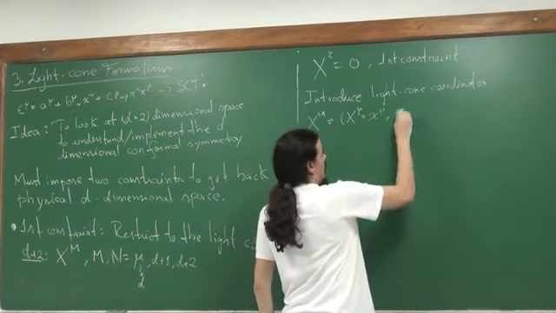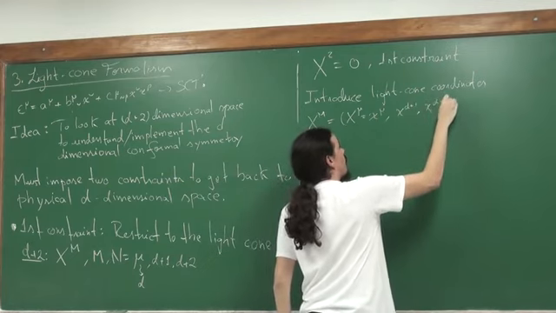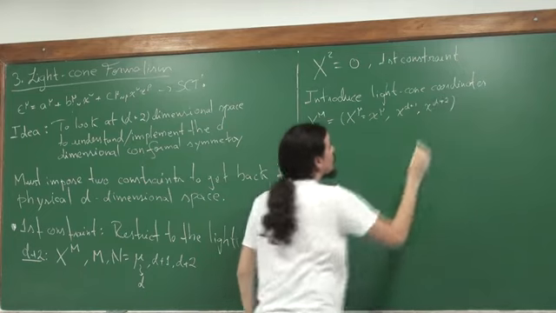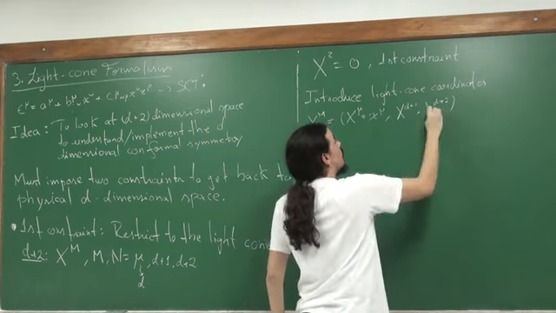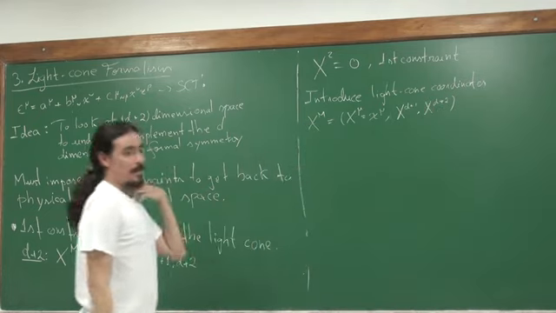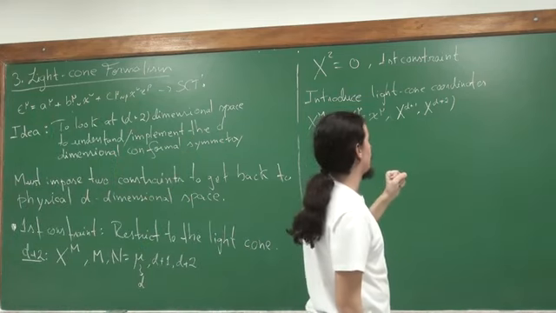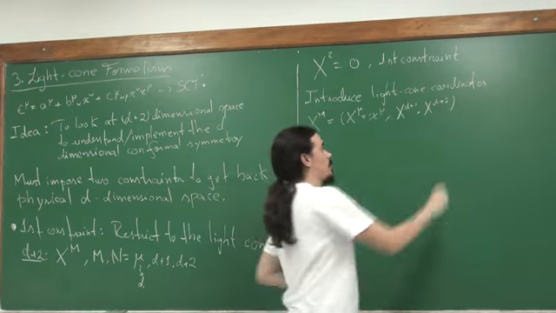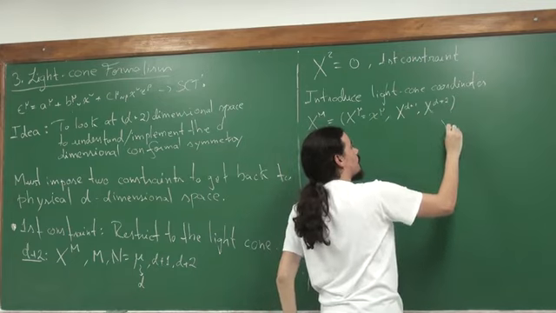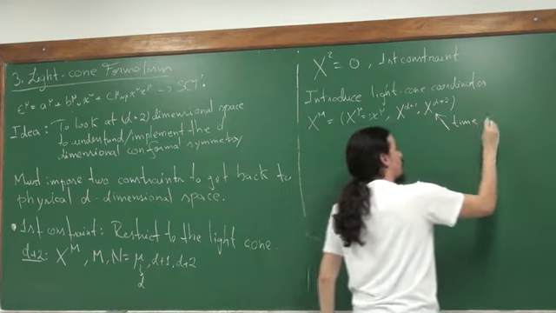Then we will have an X d plus 1 here and an X d plus 2 here. Since we're relying on the light cone relative to this new time direction, this would be the time direction.